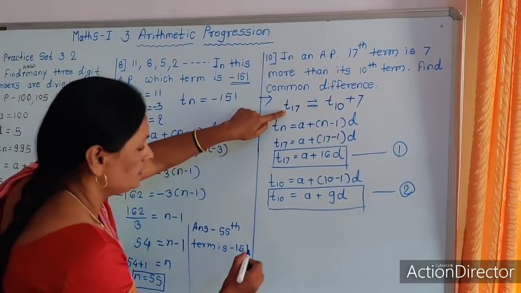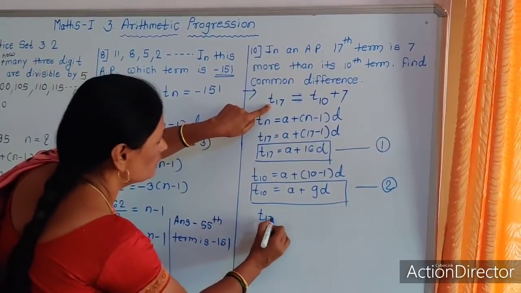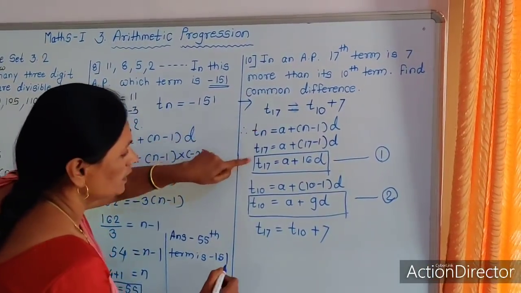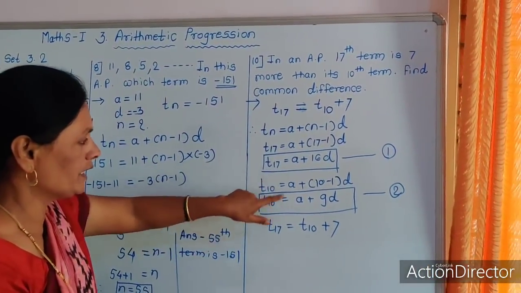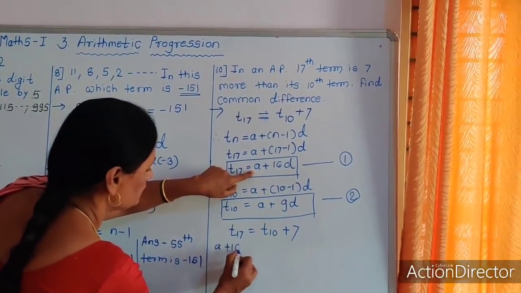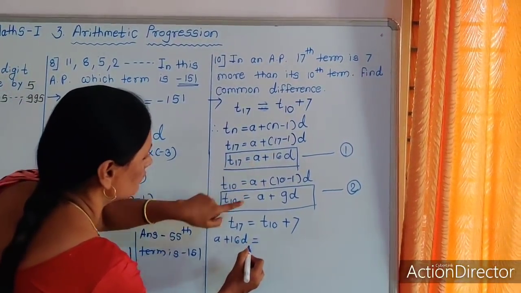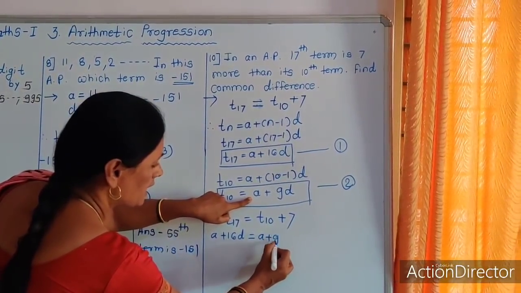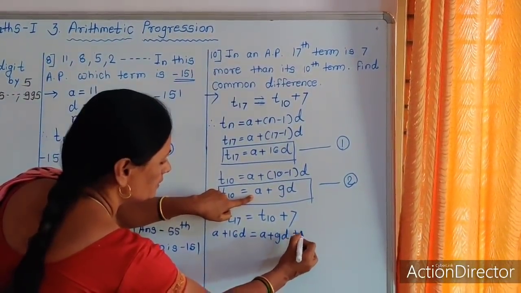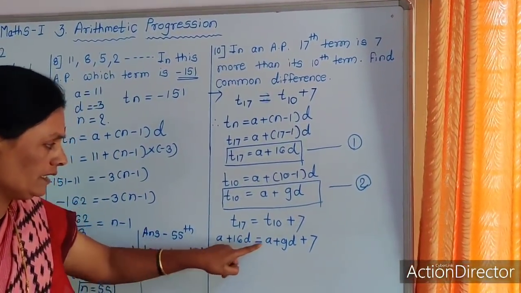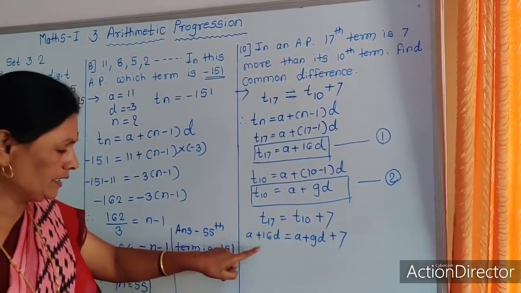We have T17 is equal to T10 plus 7. Therefore, we write here A plus 16D is equal to A plus 9D plus 7. We write the value of T10 and the value of T17.